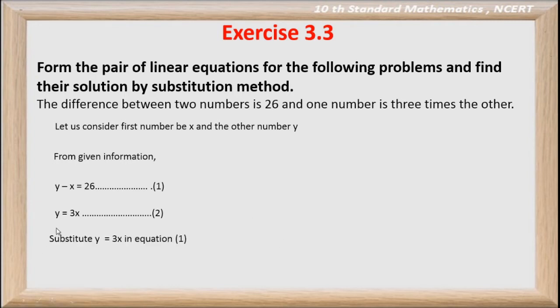Here the second equation is y equal to 3x. This is one variable in the form of the other variable. So y equal to 3x. We can substitute this y equal to 3x in equation 1. See, this is equation 1. In this equation, in the place of this y, we can substitute 3x.